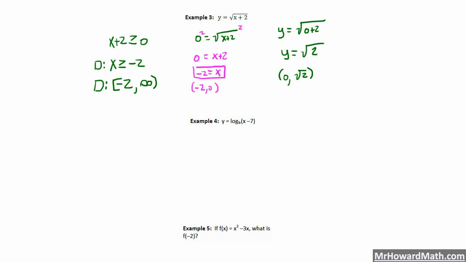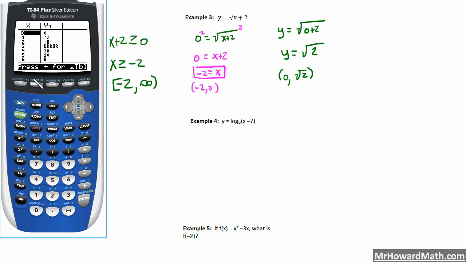Let's bring up our calculator here, and we'll put this in. Go back to y equals and clear that one out, and then second, square root of x plus 2. So we graph it, and we notice right here at -2 that's where our function starts to be defined, and then it continues on forever in the positive x direction.